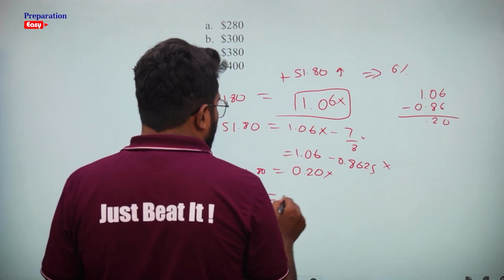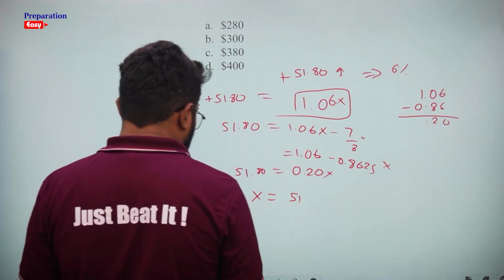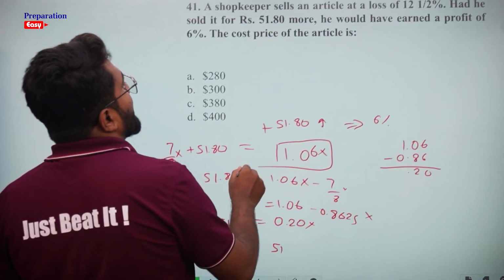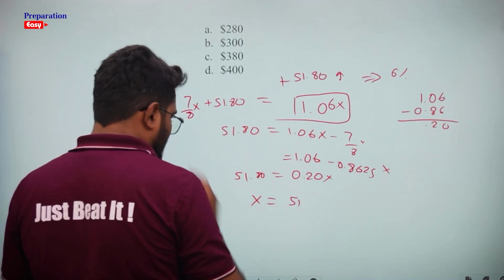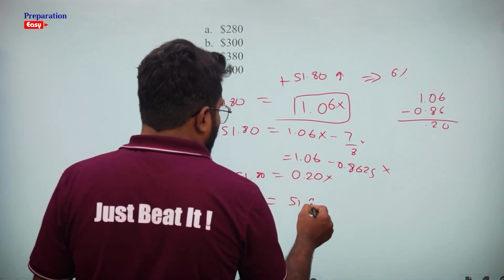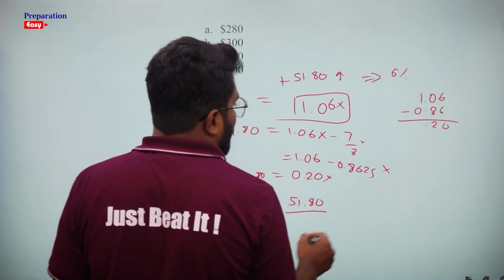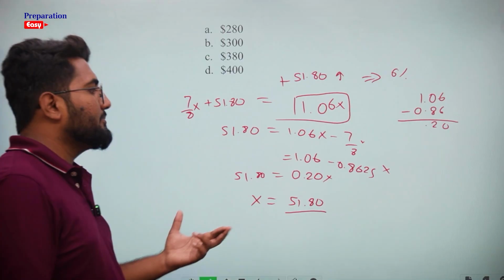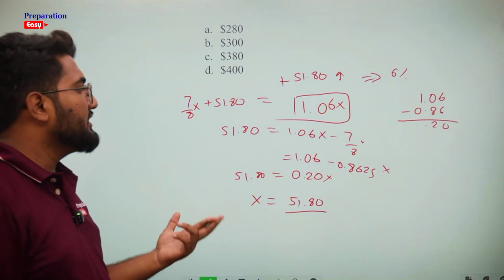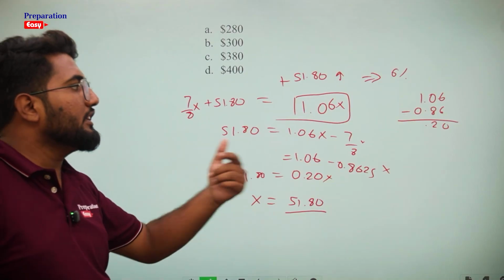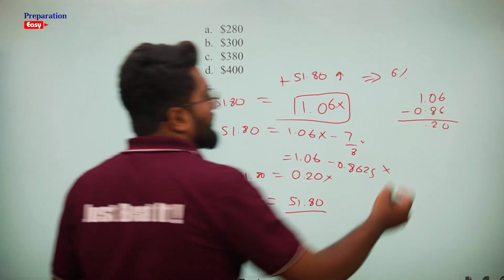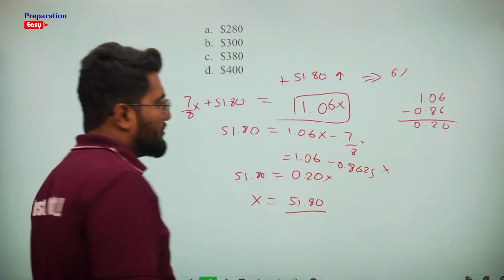X will be equal to 51.80 divided by 1.06 minus 0.8625, which is 0.20.